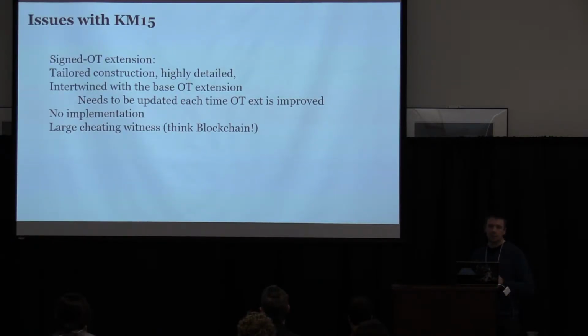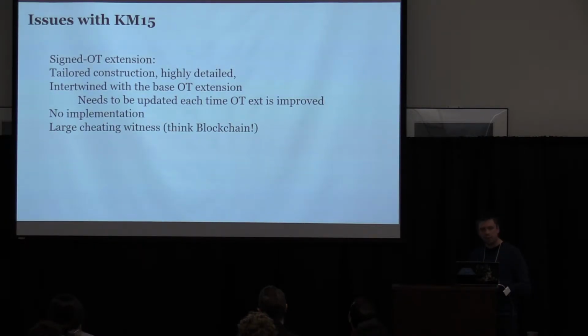So one thing is that this construction, I talked through it very, very quickly, but I'm hoping the video will allow people to rewind and look at it. This construction is highly detailed. The intuition is reasonable, but when you actually implement it and look at the proof, it is quite detailed, and its complexity is the enemy of security.